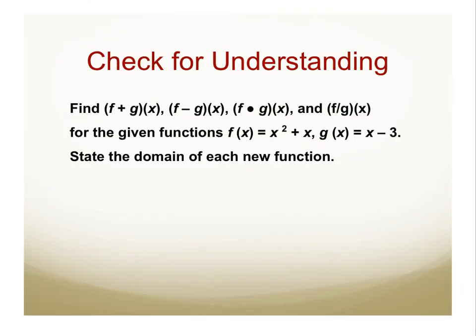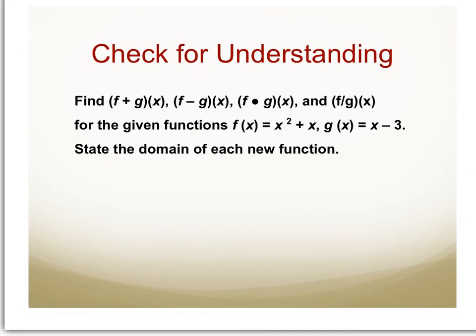It's time for a checkup here, a check for understanding. I want you to find the sum, the difference, the product, and the quotient for the given functions f of x equals x squared plus x, g of x equals x minus 3, and I want you to state the domain of each new function.